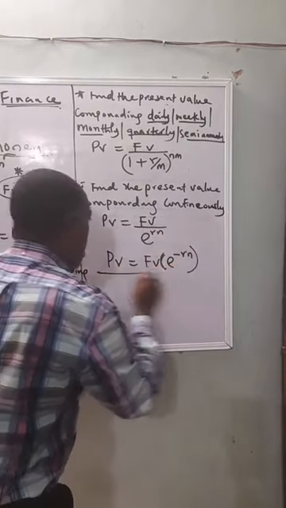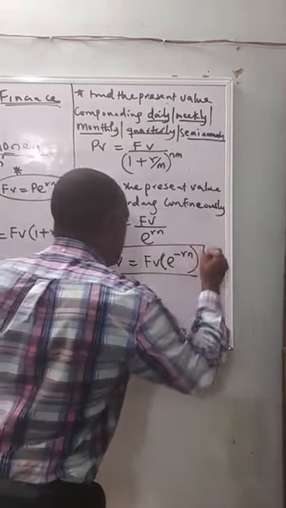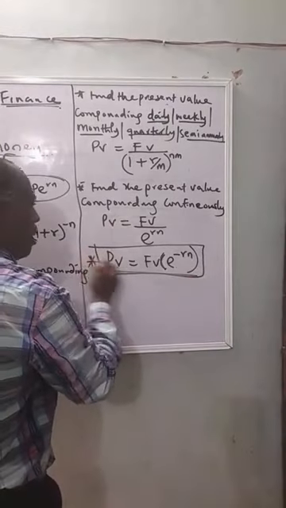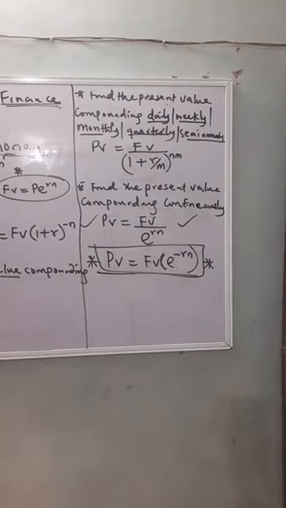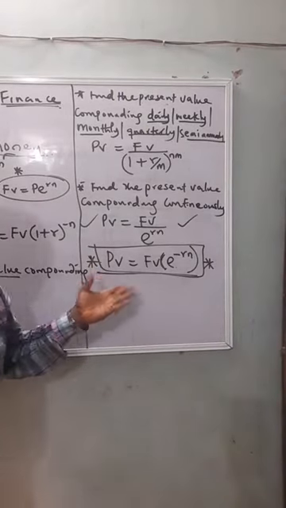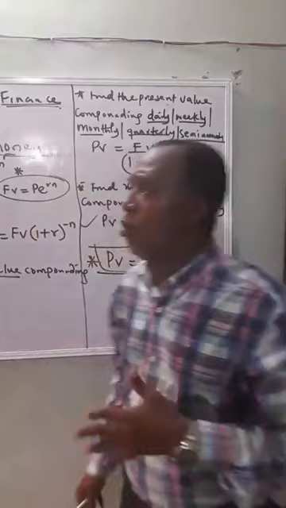All these are the same. You can use this. This is okay. This is also good. So that's how to calculate present value of money, just like we did in the past.